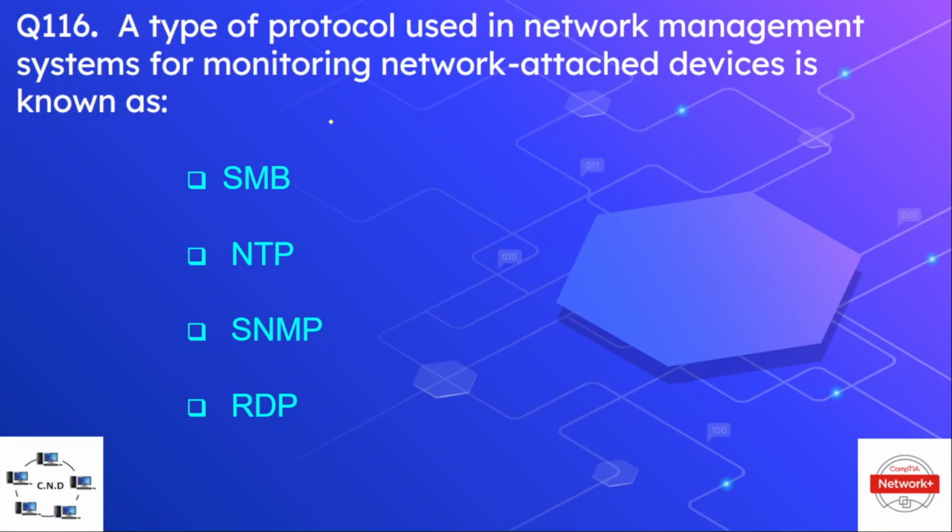Question number 116 is that a type of protocol used in network management systems for monitoring network attached devices is known as, and the options are SMB, Server Message Block, NTP, SNMP, or RDP. And the correct option is SNMP or Simple Network Management Protocol. It is used for monitoring and management of network devices.